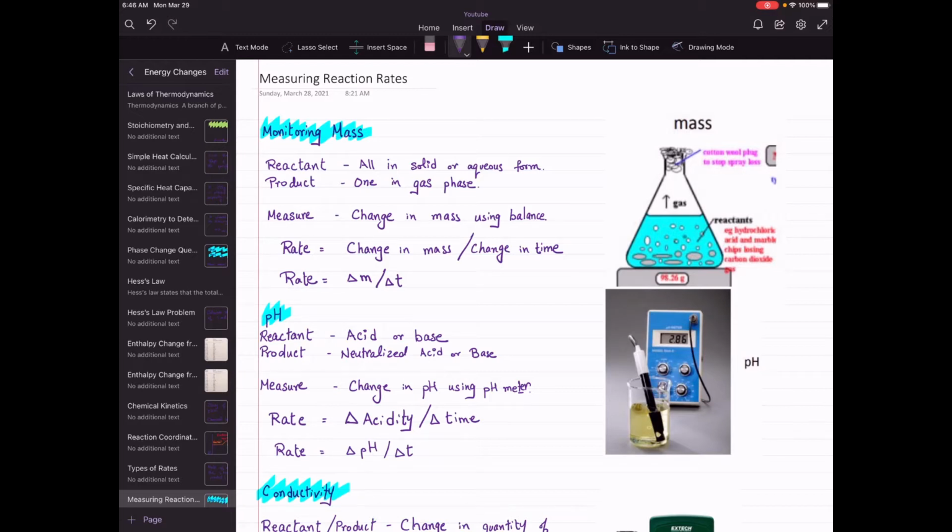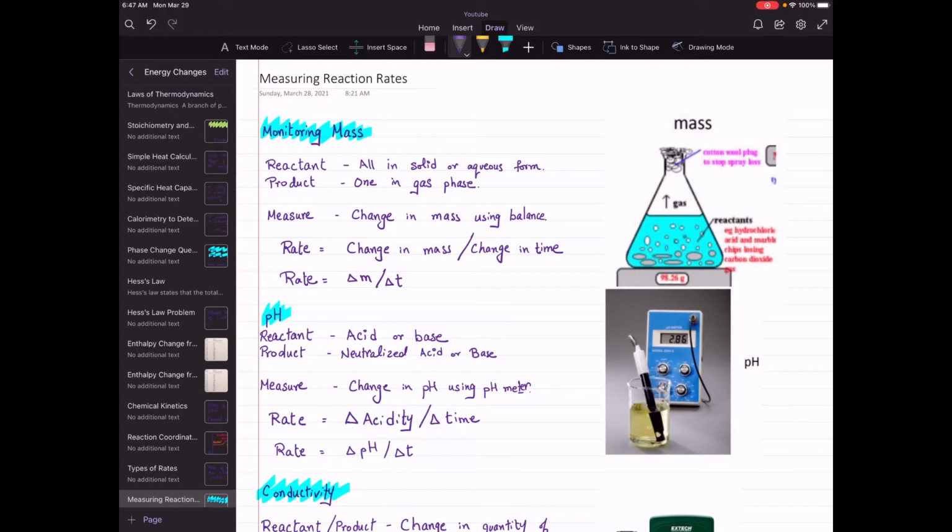And for that, we have to take the help of the change in specific characteristics. For example, in the first case over here, for measuring reaction rates, we are looking at monitoring of mass. If you are using this technique to measure the rate of a reaction, then the reactants have to be initially in the solid or aqueous form, and the product should have at least one gas being produced.